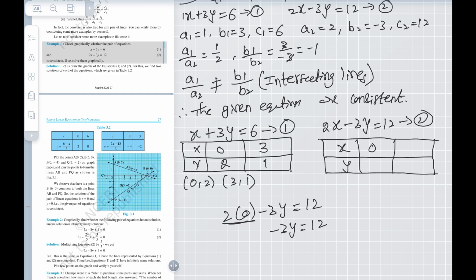Minus 3 is attached with y, so multiplication is happening here. When you transpose, it becomes 12 by minus 3. 3 fours are 12, so y equals minus 4. Y value is minus 4. Okay, next, now you take an x value.